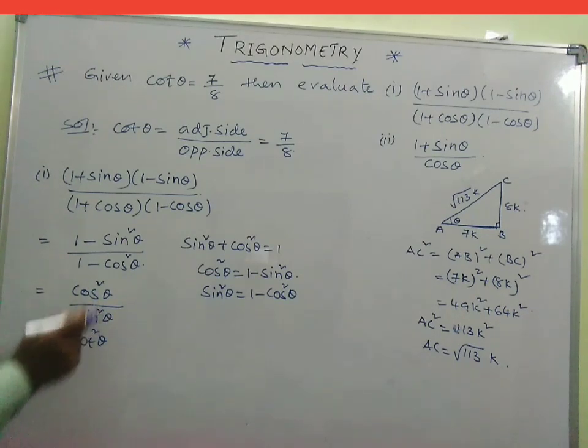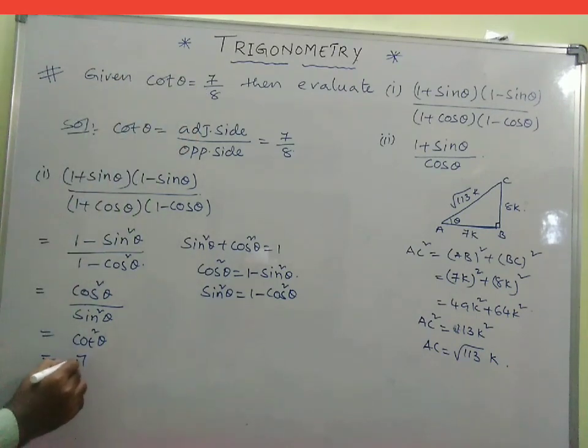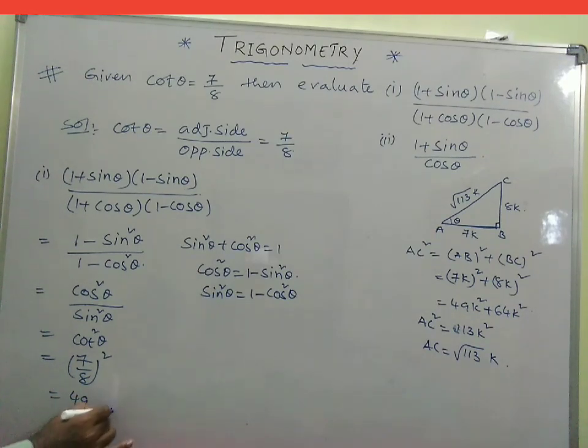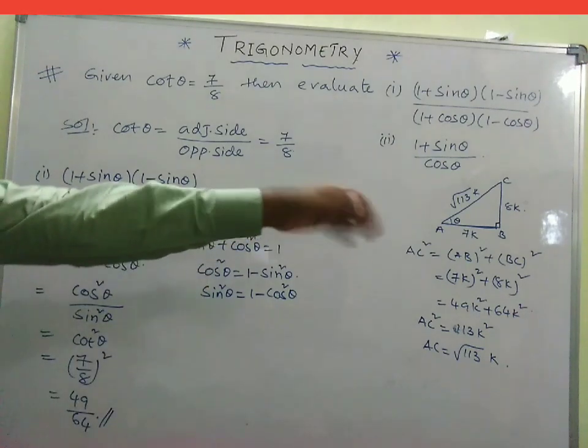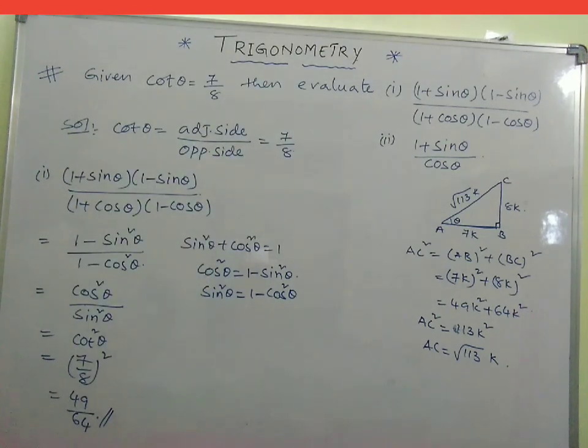Actually the cot theta value is already given to us, 7 by 8 whole square. So this value is 49 by 64. Luckily we got it here.